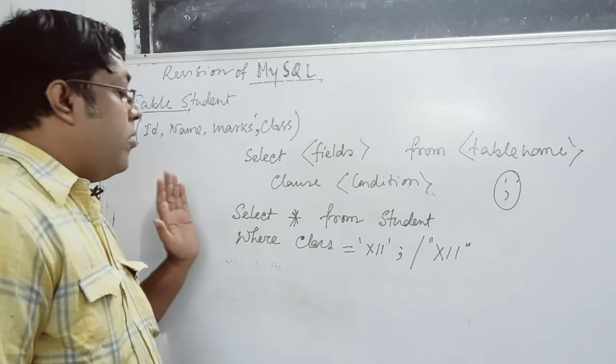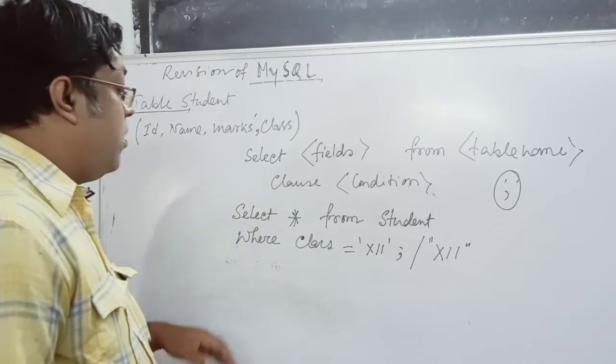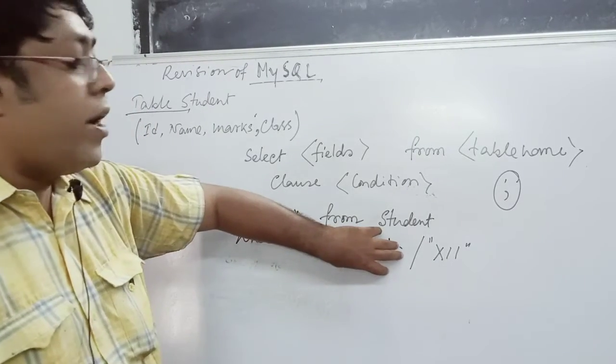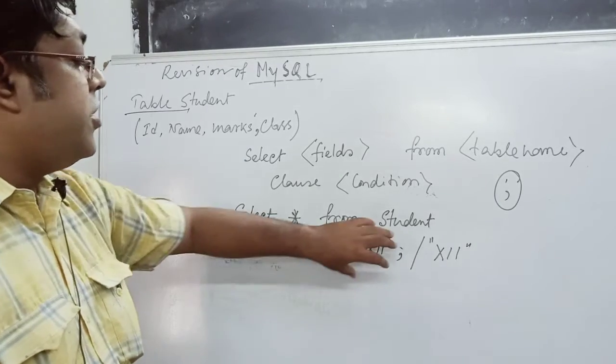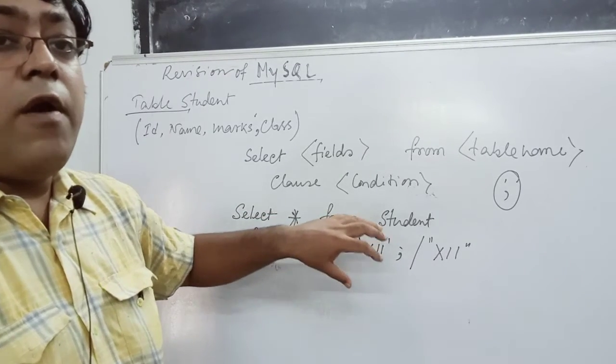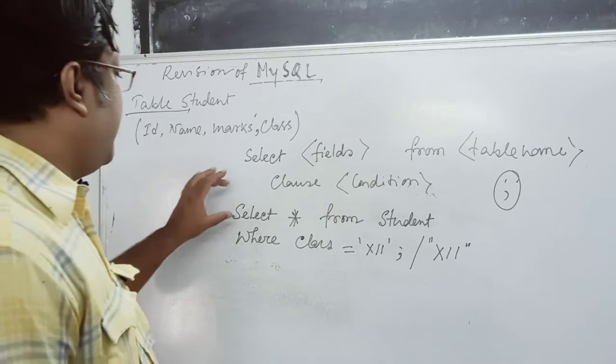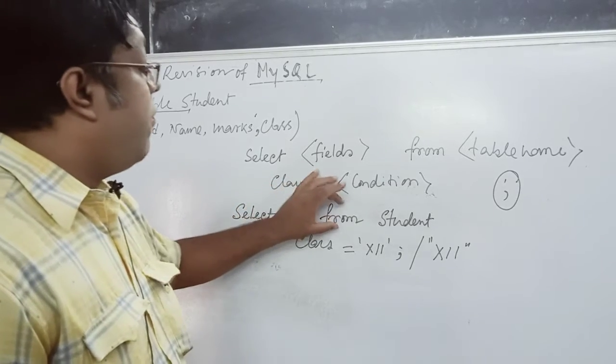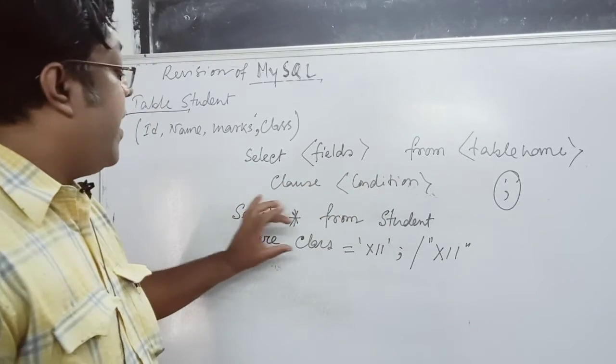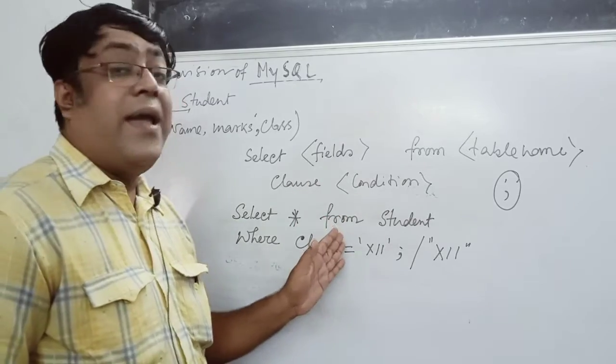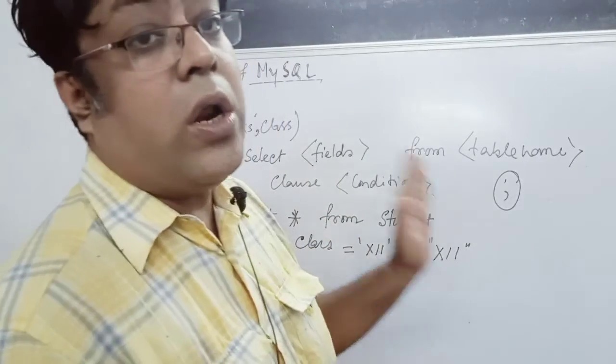By using the WHERE clause, we can use a particular condition. The condition is students of class 12. Then SELECT * FROM student WHERE class = '12', either in single or double quotes.